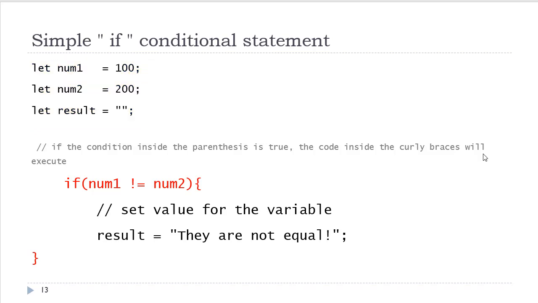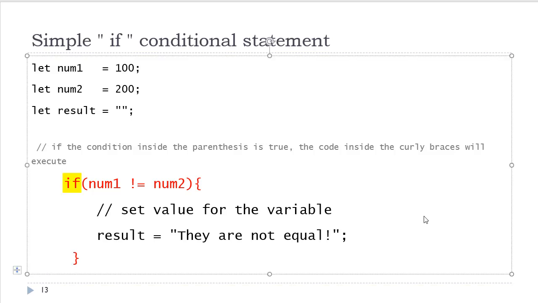Here is the syntax for a simple if conditional statement. We have the keyword if, and in parentheses we have the condition that we are evaluating. Notice I have a comparison operator here. We learned that comparison and logical operators ultimately return true or false. So what we are doing, we are testing this condition to see whether it is true or false.